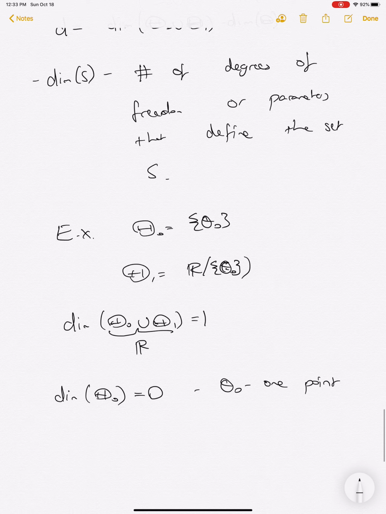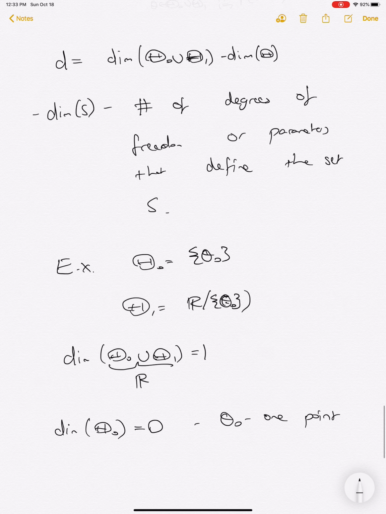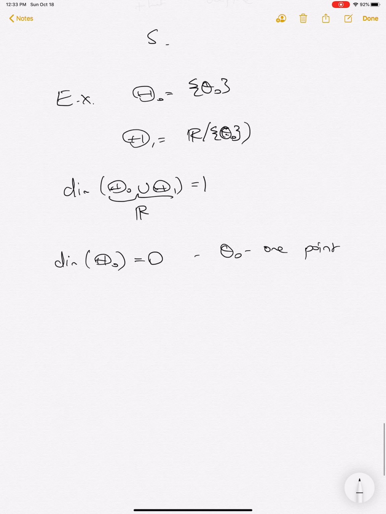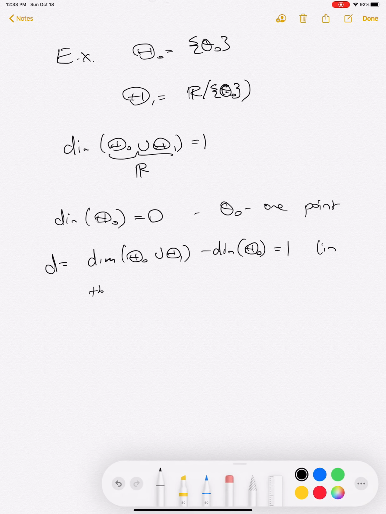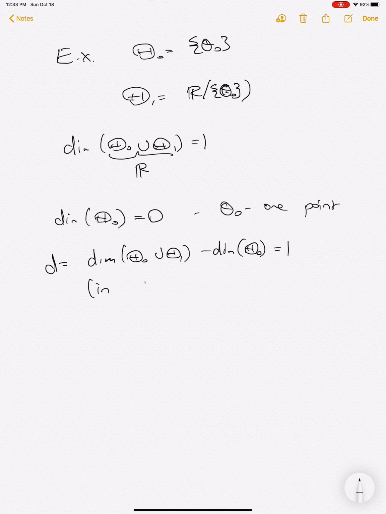For the example we see today, d, which is the difference of these two dimensions, is 1. So we can say that d equals the dim of theta 0 is equal to 1 in this case.